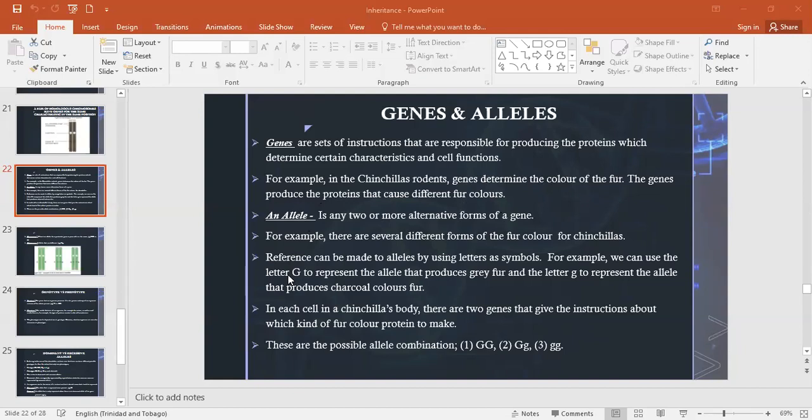We'll get to the terminologies in a little bit. And you can use a small g to represent the allele, that particular form of the gene, that will not produce gray but will produce charcoal fur color. So you see the capital G and the small g, those are alleles, or alternative forms of that one main color gene, because you can either get gray or you will get charcoal.